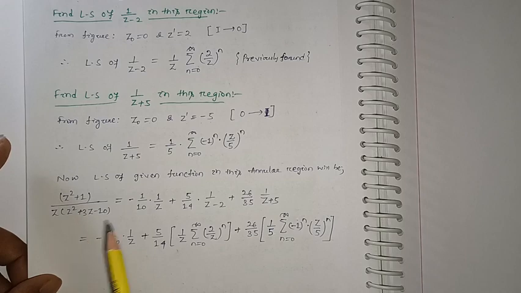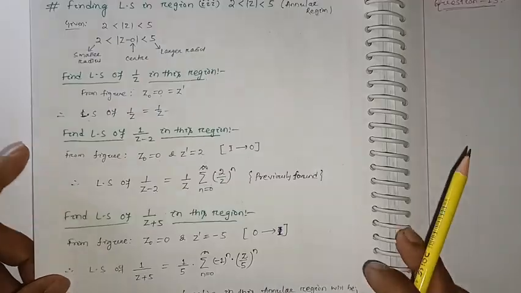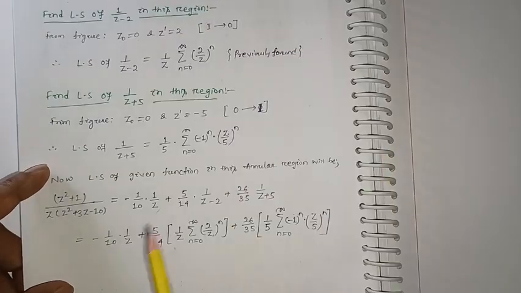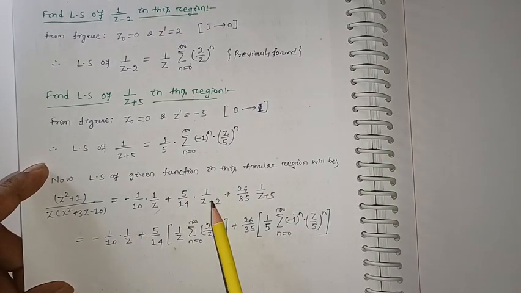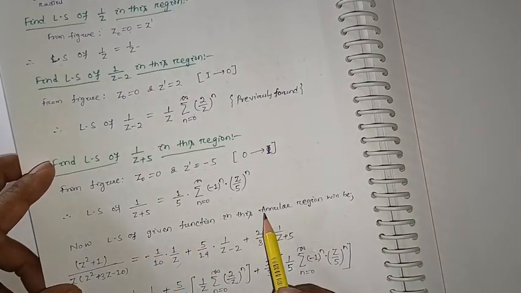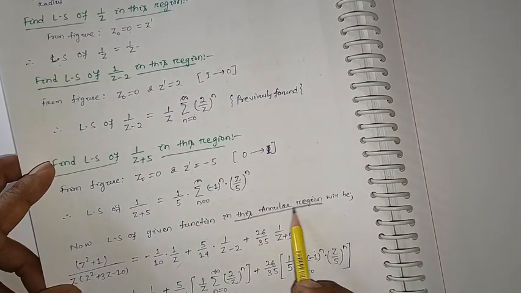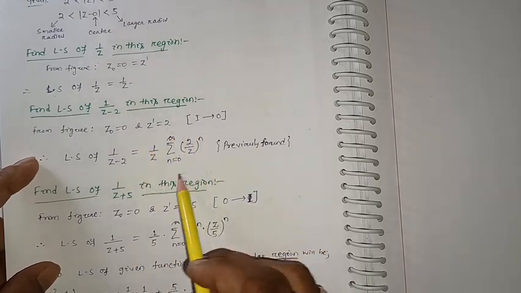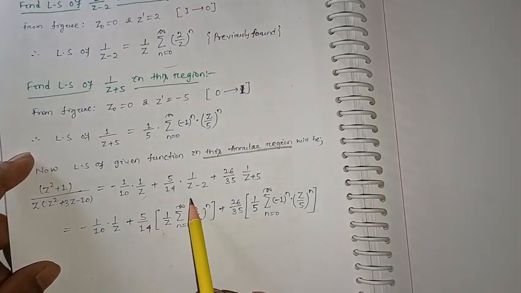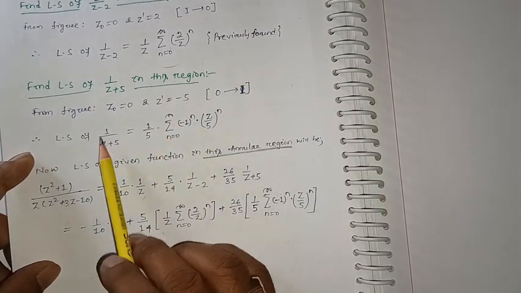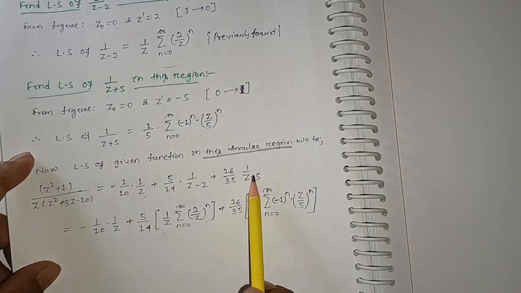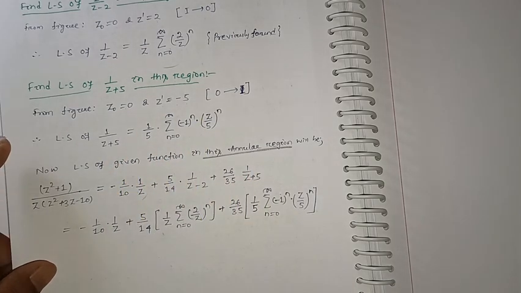So the Laurent series of this one, we have to substitute. The Laurent series of 1 by z is 1 by z, substituted here. The Laurent series of 1 by z minus 2 in this annular region, I have written over here. And for 1 by z plus 5, this value I have written over here.